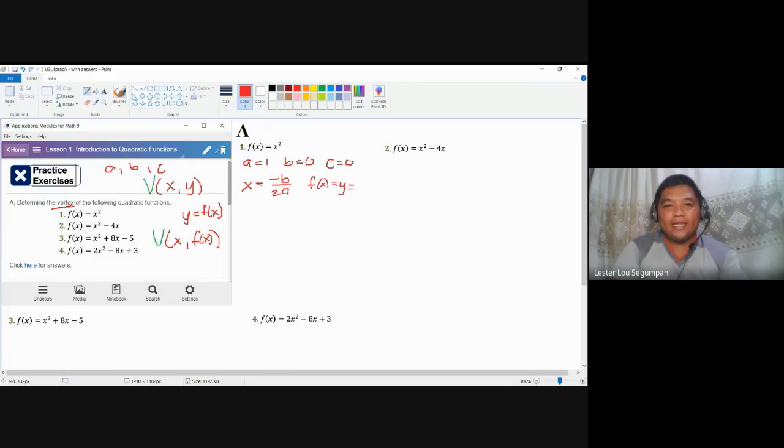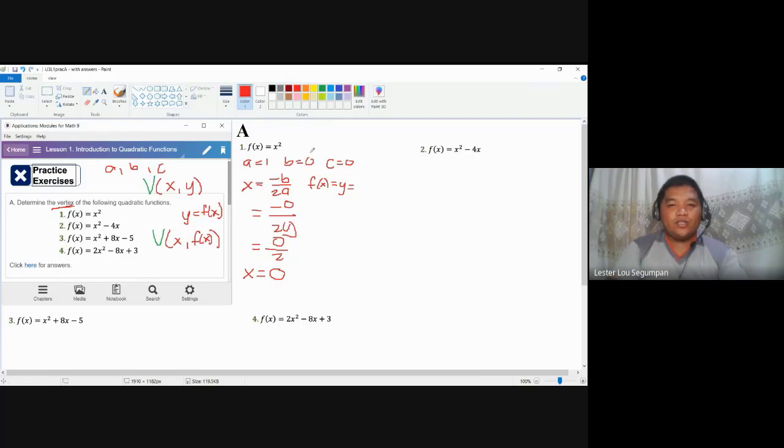I'm going to present it a little bit later. Let's start with the x coordinate first. We have negative 0 over 2 times 1. So the numerator is just 0 over 2, and the value for the x coordinate of the vertex is 0.